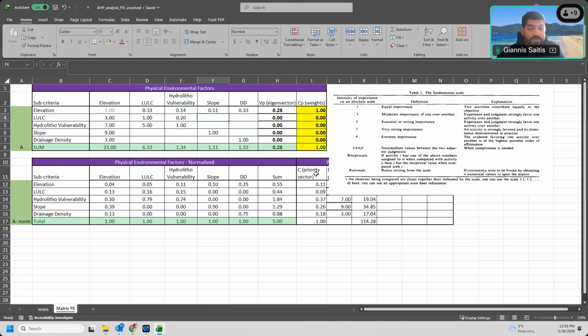Let's go. Land use, land cover per slope. Slope, more important. Okay, how much? 7, or we can use the other numbers, 2, 4, 6, 8, that are in between.